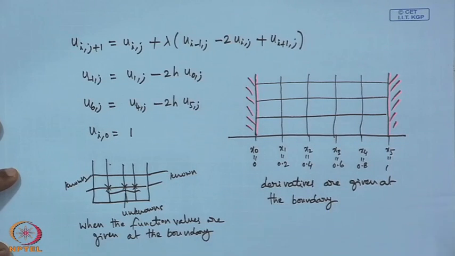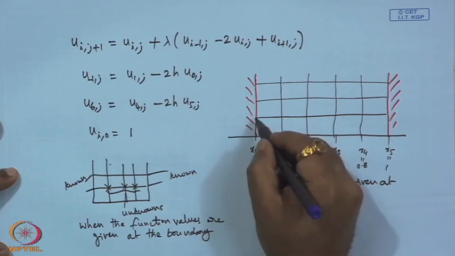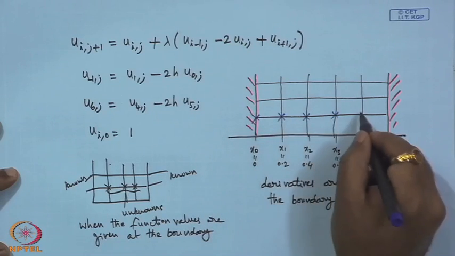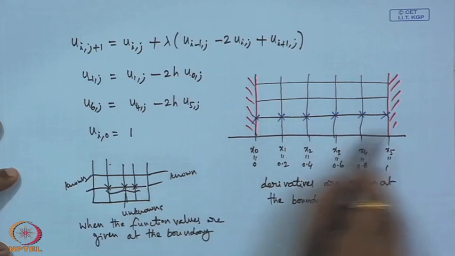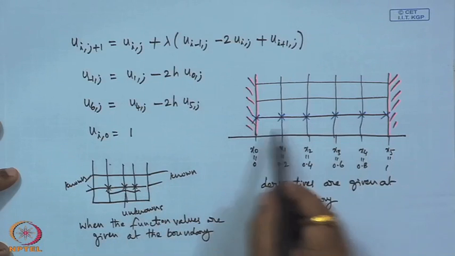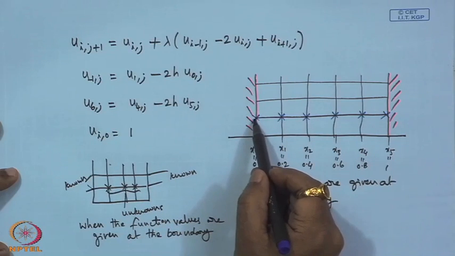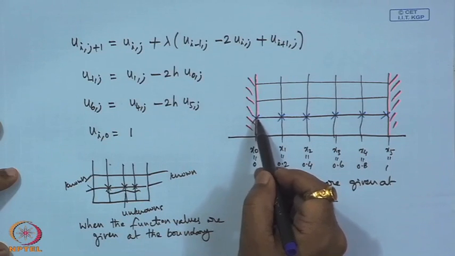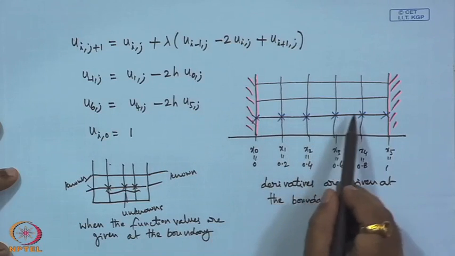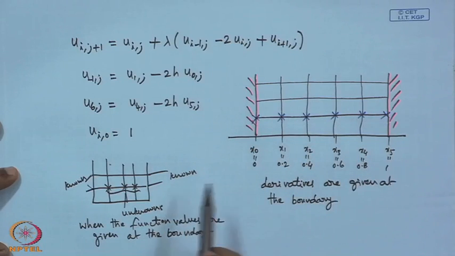So, in this case the unknowns, all of them are going to be the unknowns, because in this case we know these, okay, but in this case since the derivative is given, we do not know the value here, we have to determine. So, for the present example 1, 2, 3, 4, 5, 6. So, there are 6 unknowns, right.